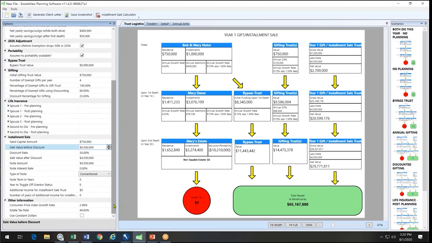Right. And what happens is when you have the numbers pre-programmed in, and remember you can change them as the client says, what about this? But if you have the numbers pre-programmed in and you show no tax planning, and then you show with tax planning, within 5 minutes you can show the client the amount of money you're going to save in estate taxes without getting into an explanation of what techniques you're going to use. In other words, you have to meet the 5-minute test.